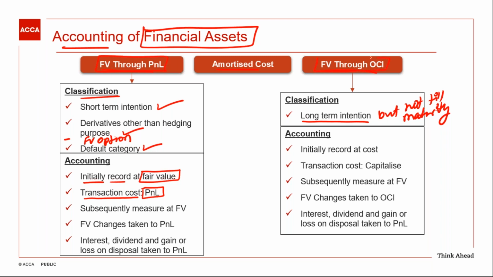However, in case of fair value through OCI, the transaction cost is going to be capitalized, which will bring the initial recognition to the cost. By cost, we mean the fair value plus the transaction cost. Because in fair value through P&L the transaction cost was being expensed out, the initial recognition was at fair value.